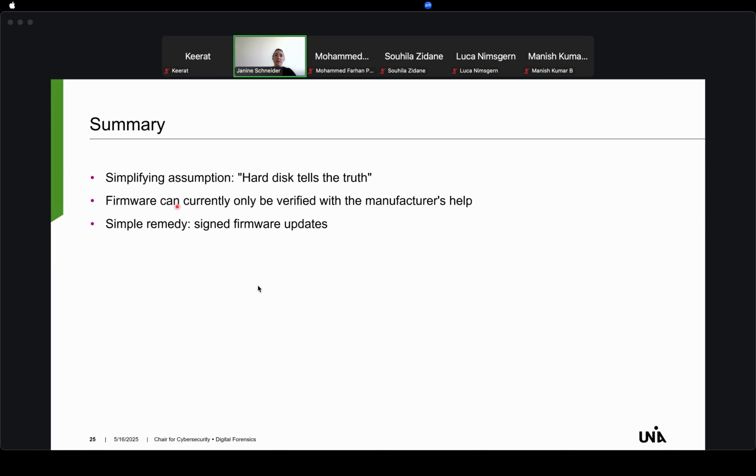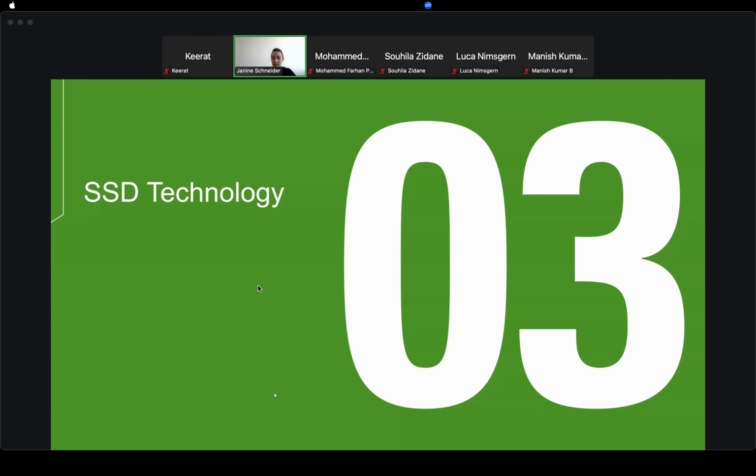There is this risk of bootkits, and the firmware can currently only be verified with the manufacturer's help. The simple remedy would be signed firmware updates, but as far as I know, we still don't have that. So that's all on HDDs.